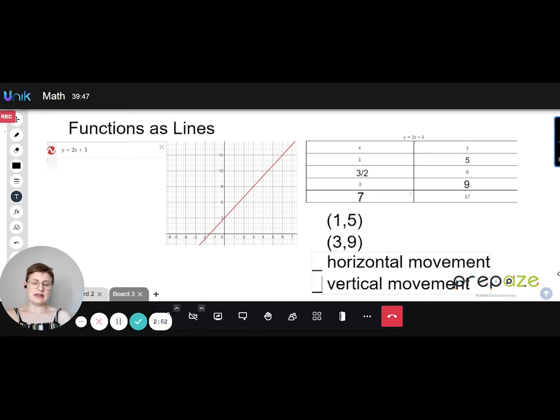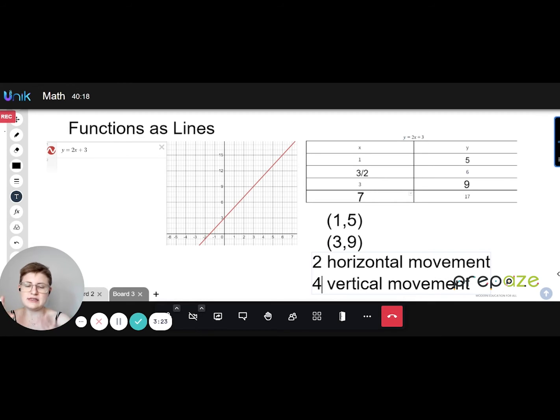So the 2 points we're going to consider this time are 1, 5 and 3, 9. Horizontal movement is going to be characterized by the distance between our first values, 3 to 1, which is we increase by 2 to get from 1 to 3. To get from 5 to 9, we increase by 4. Our ratio is vertical over horizontal, changes in y's over changes in x's, changes in outputs over changes in inputs.